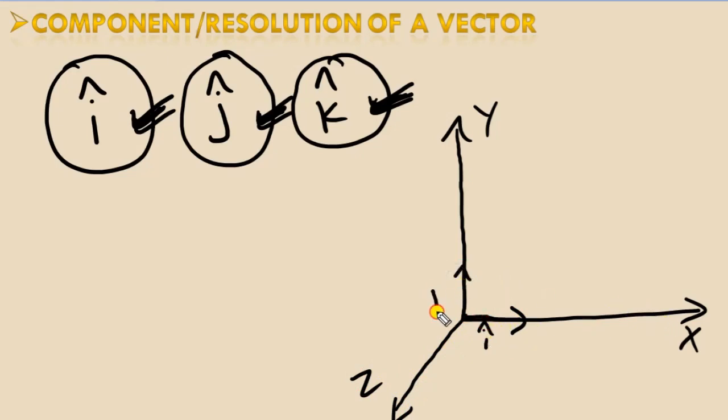Unit vector j means a unit vector along the positive y direction. And unit vector k, or k cap, means a unit vector along the positive z direction. Always keep this in mind: i cap, j cap, and k cap, because we will be using these unit vectors a lot of times while solving numerical problems.